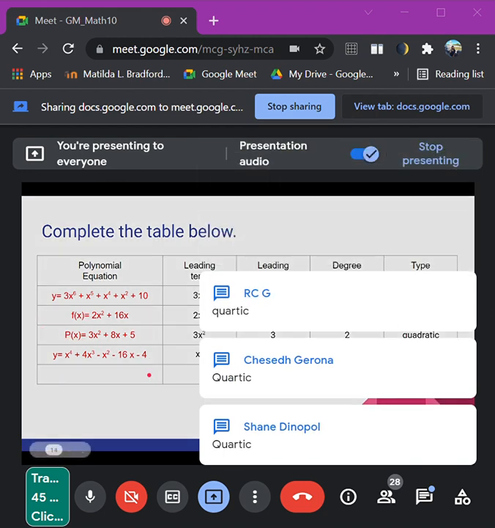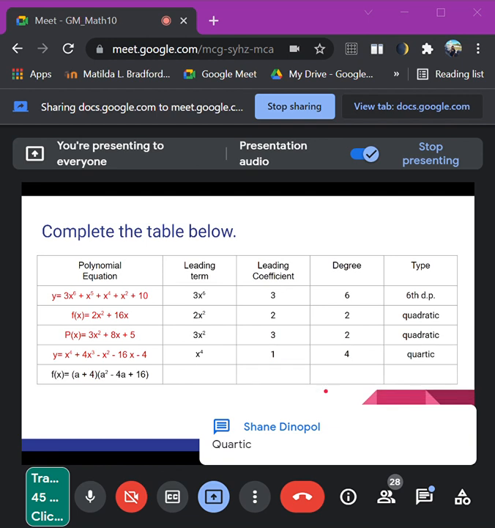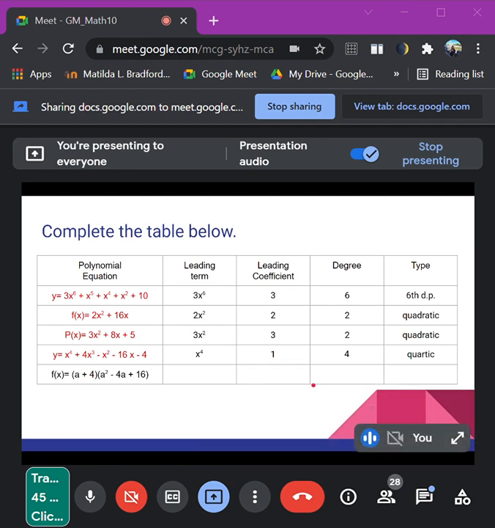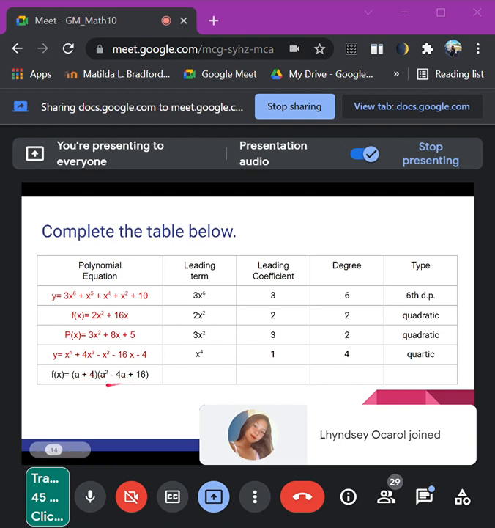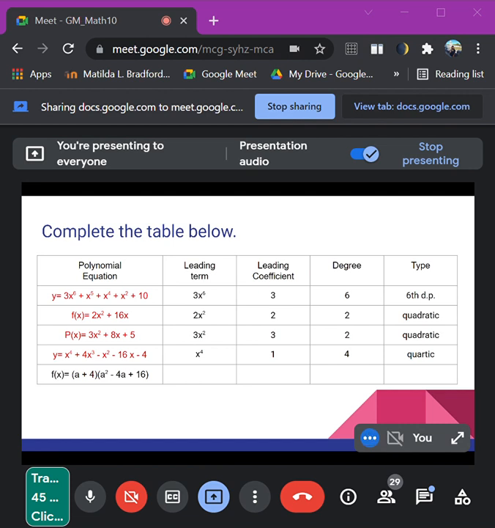Now, down to the last example, class, we have f of x is equal to quantity a plus 4, quantity a squared minus 4a plus 16. So what is this, class, in terms of factoring? Since we have a binomial and then this one is a trinomial, this is a result of the sum of two cubes, right?